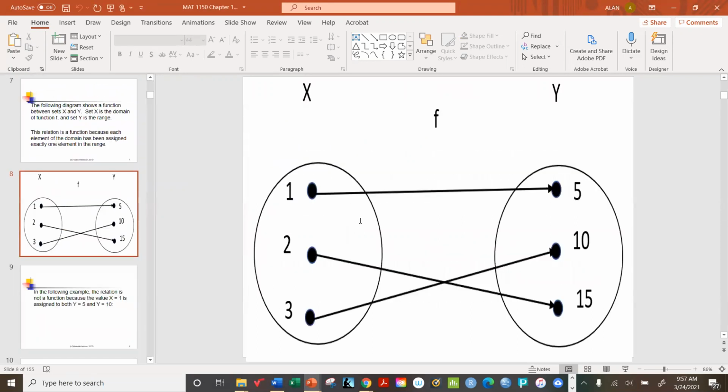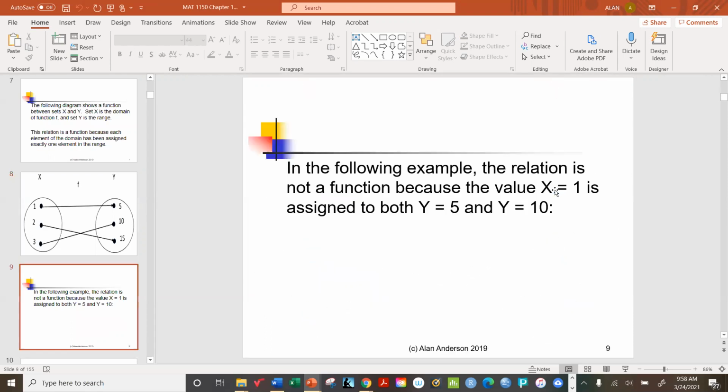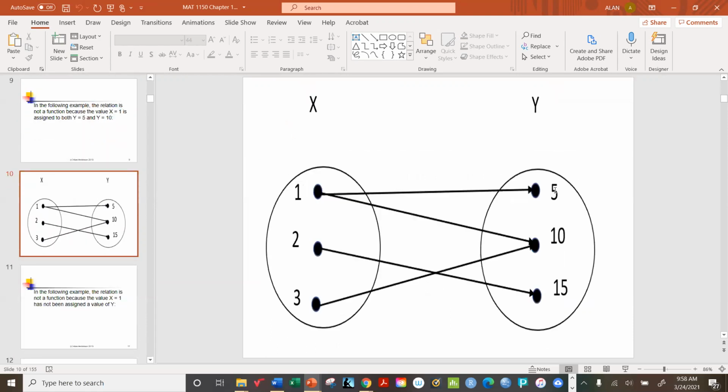Okay, so for example here, this is a function because each element in the domain is associated with exactly one element in the range. But on the other hand, this one is not a function because x equals 1 has been assigned both 5 and 10. Okay, so that means this is not a function.